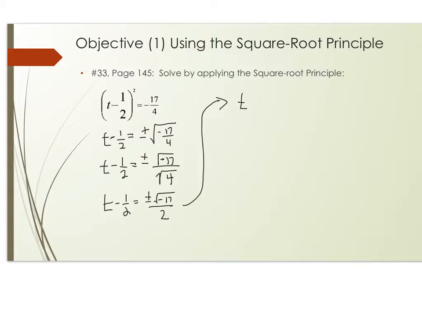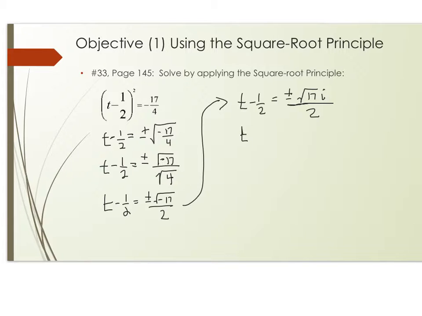And t - 1/2 is equal to plus or minus the square root of 17i, because we have the negative square root taken out, and that's by definition i, over 2.